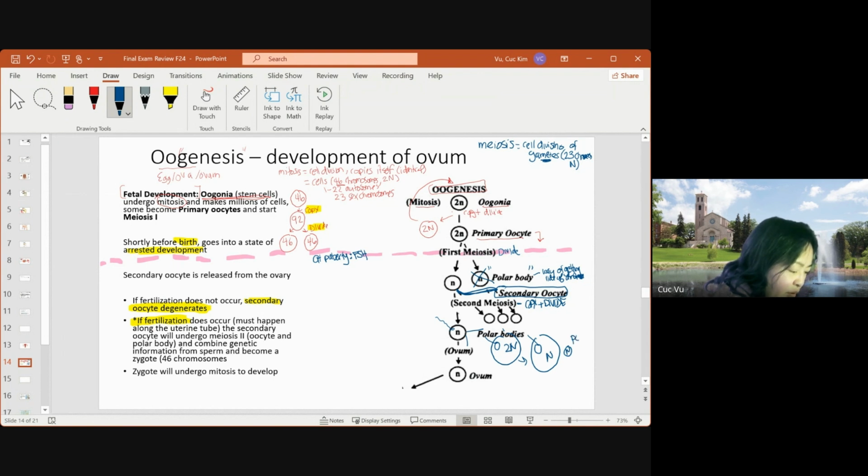One of them will be a polar body, which will then undergo atresia, so it just dies. And then after meiosis 2, you have a zygote. This cell right here is going to combine the N from the sperm and the N from the egg and become the zygote.